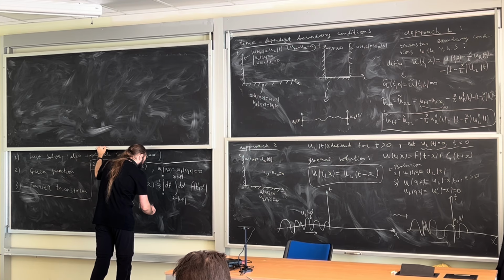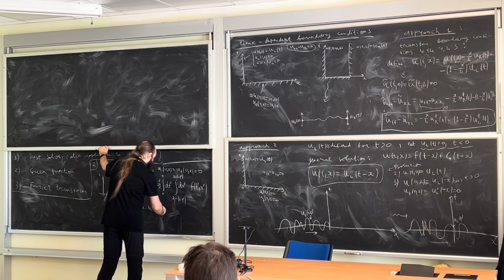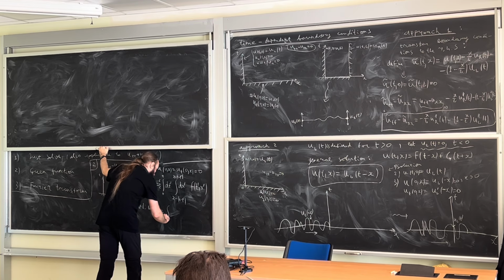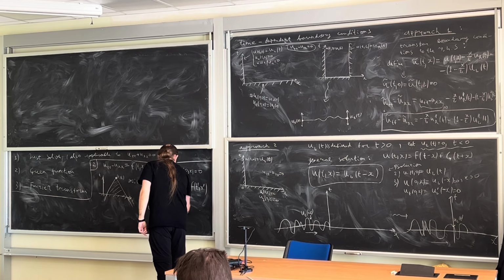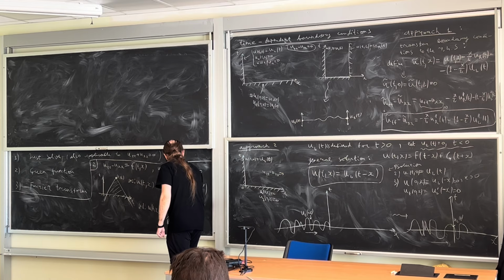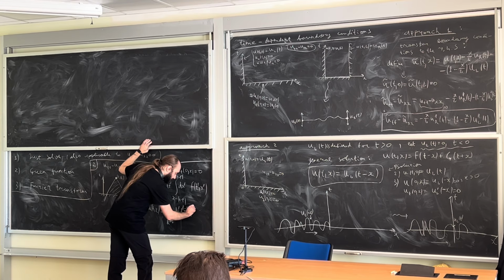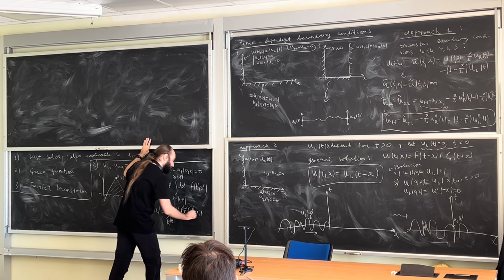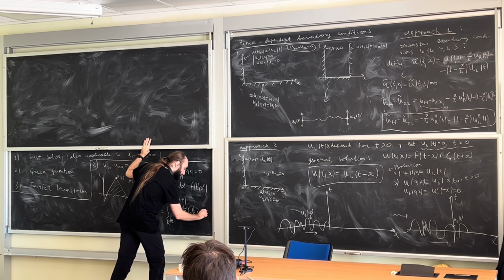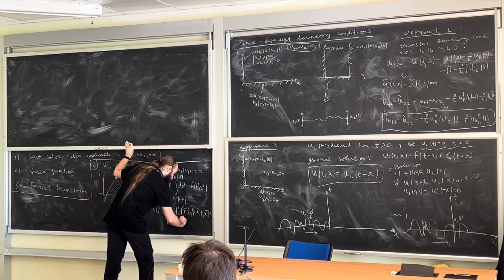U of t and x should be the integral over R^(d+1) of dt' dx' times a function g of t, x, t', x' times f of t', x'.